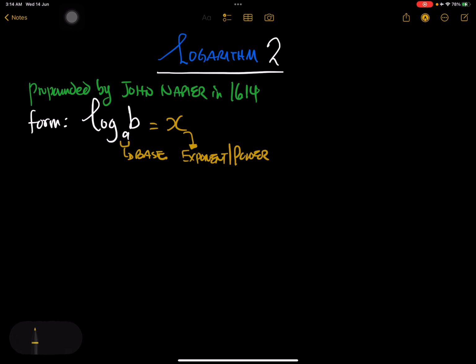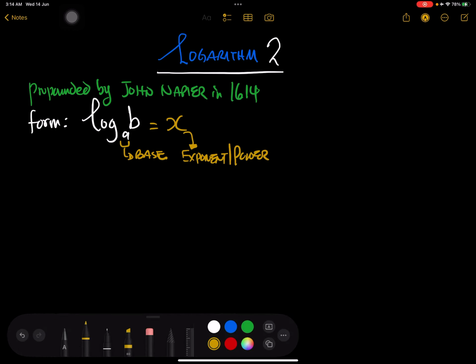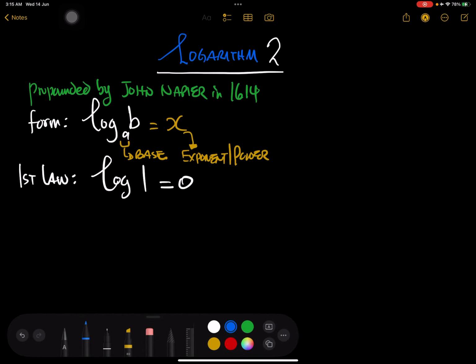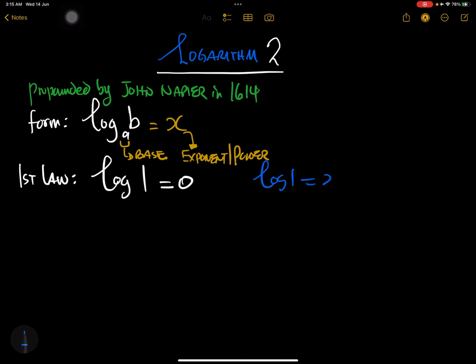And then we went straight into the first law. We said the first law says that if you have log of 1, it's 0. We already proved that. To prove it, we set log 1 equal to x. We said that if you write a log without a base, it's assumed to be base 10.